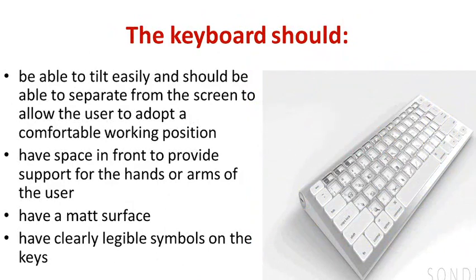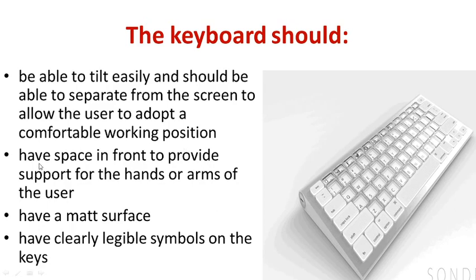Next we have few set of instructions regarding the keyboard on the work surface. Here we have the first point, which specifies be able to tilt easily and should be able to separate from the screen to allow the users to adopt a comfortable working position, which implies that the keyboard must be placed in such a way that user can adjust it as per his requirements.